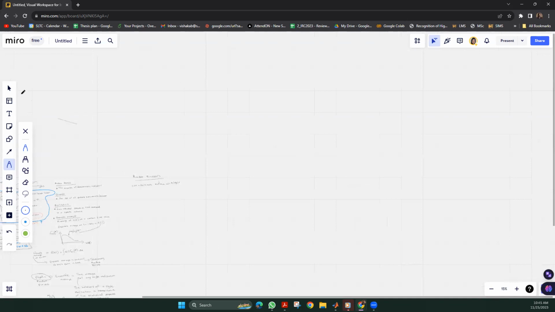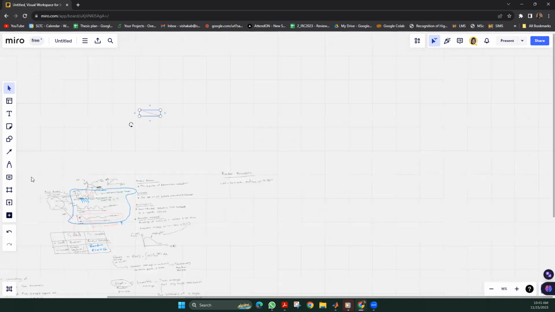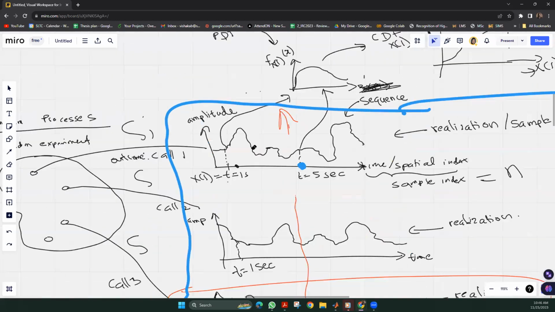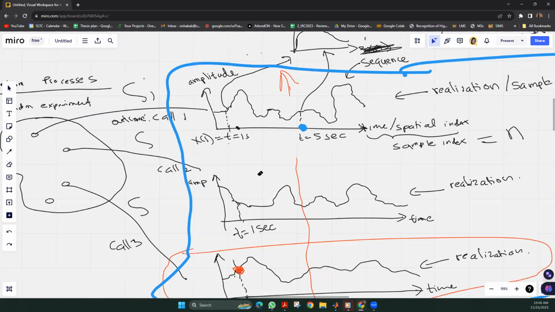For a certain time instance, we can generate a random variable, and that one we can denote as xn1.